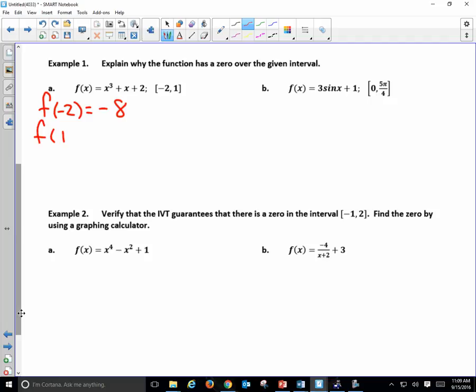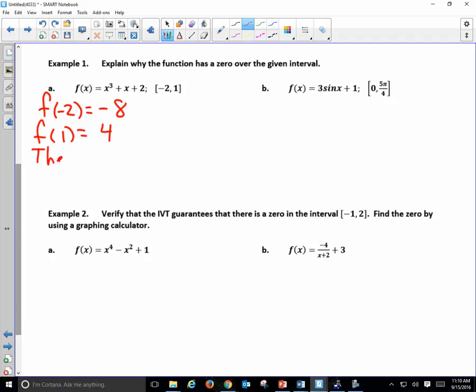What is f of 1? 4. Somebody tell me why that tells me I have to have a 0. Yeah, you go from negative to positive. If you're going from negative to positive, you must cross over 0, right? So this is what you have to write.